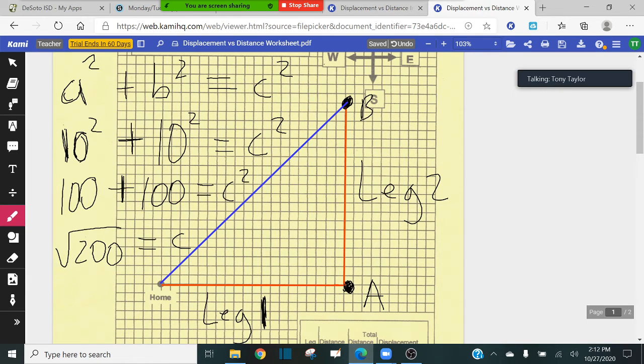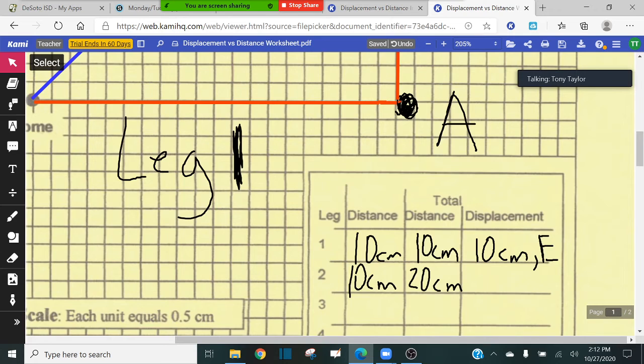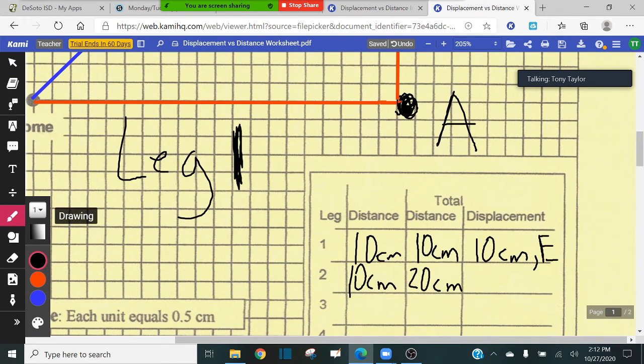So everybody follow what I did? Yeah. All right, so just simple algebra. 100 plus 100 is equal to 200. So the square root of 200 is 14.14 when I put it in my calculator. So that means my displacement here is 14.14 centimeters.